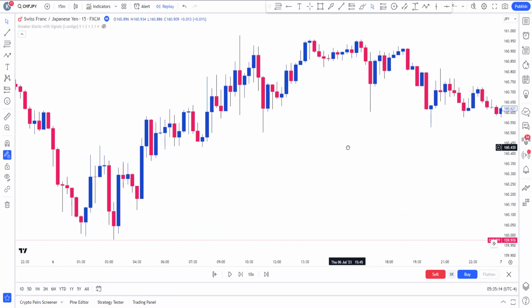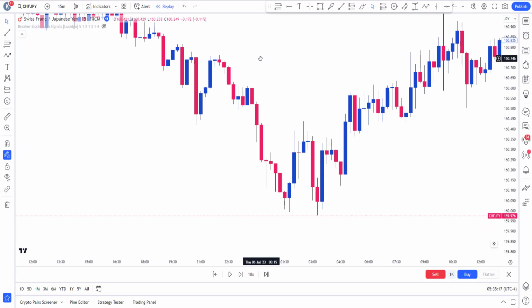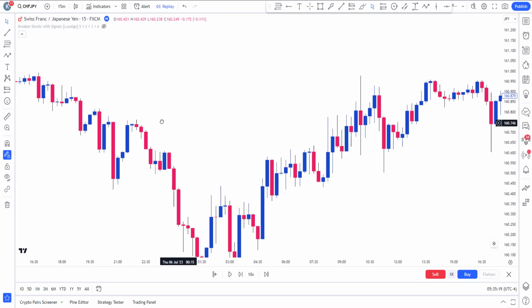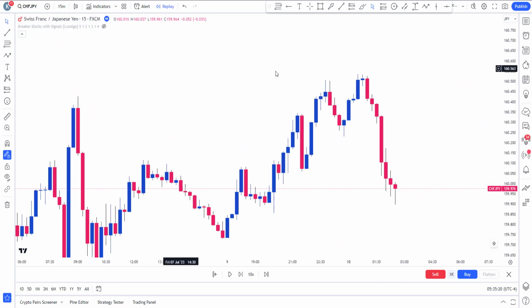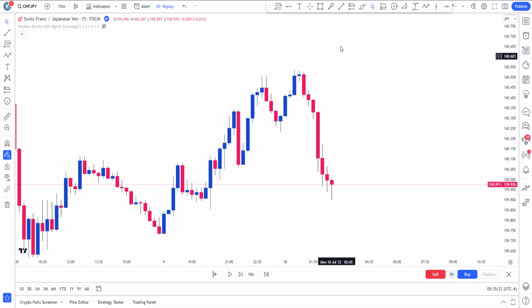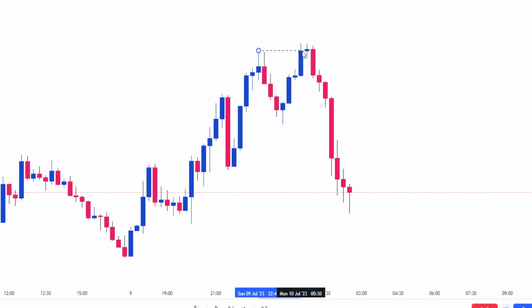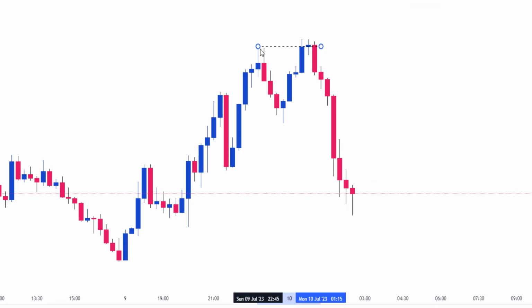So let's see more examples. Another thing I did not explain to you, you need to see it pushing above the level, just like I showed you in the example. It must be above the level, above this high. Whether the wick or the body, it doesn't matter.